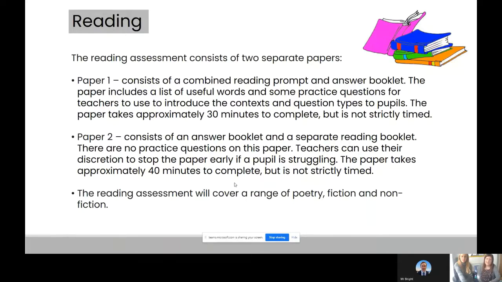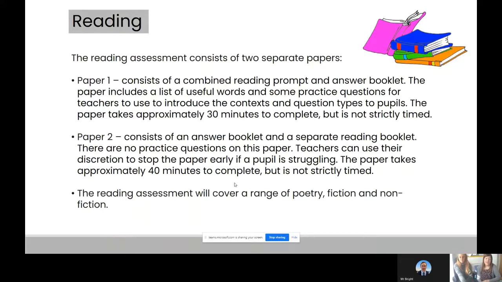Paper 2 is a more difficult paper, and it consists of an answer booklet and then a separate reading paper. So it also involves the children being able to move from one paper to the other, which is a skill in itself. We use our teacher judgment there, and if a child is finding this paper a little bit tricky, then we can stop them.